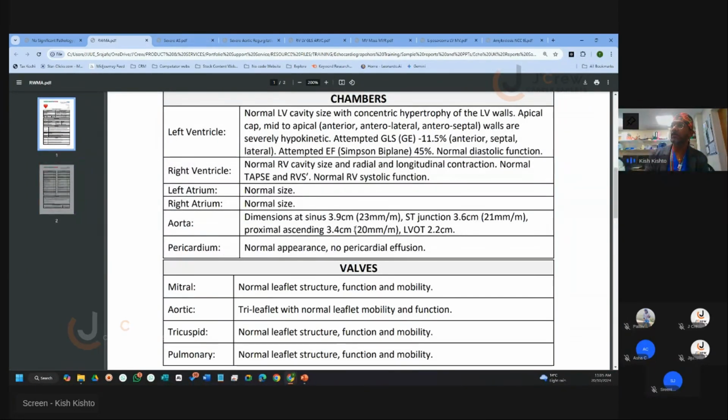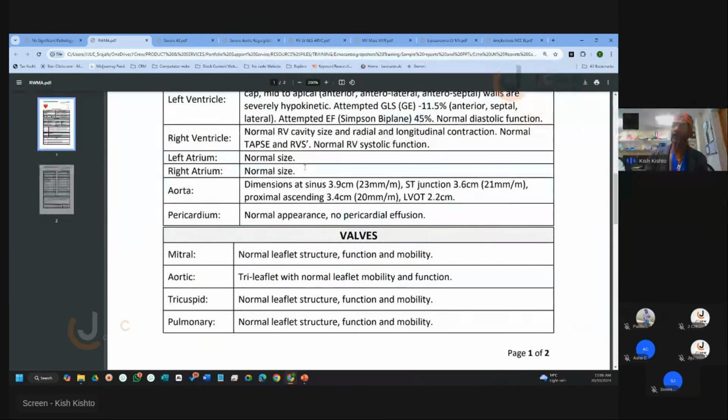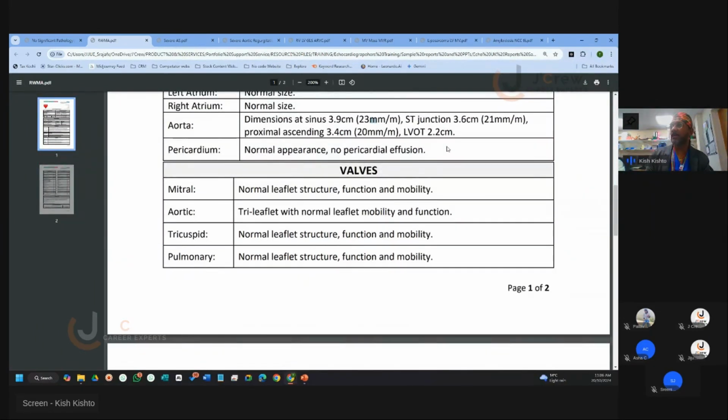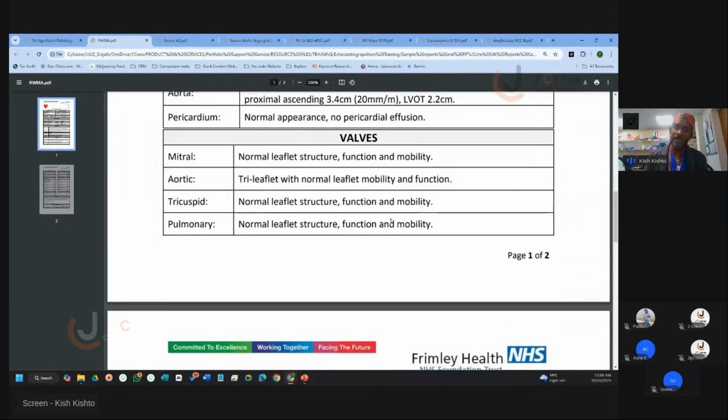Okay, and then our RV was normal, good radial and longitudinal contraction, and normal TAPSE, RV S prime, and normal RV systolic function. Biatrial normal size, and like you say here, put the aortic dimension, the size and then the index altogether. And the pericardium, I did mention no effusion, it's normal. And then all the valves were working absolutely fine in that patient, if I remember well.